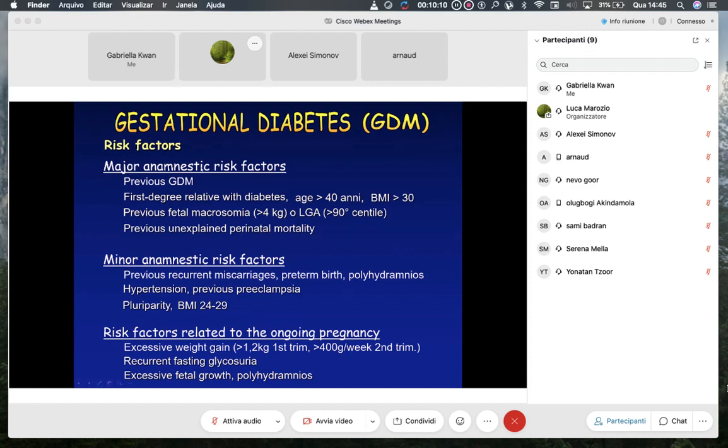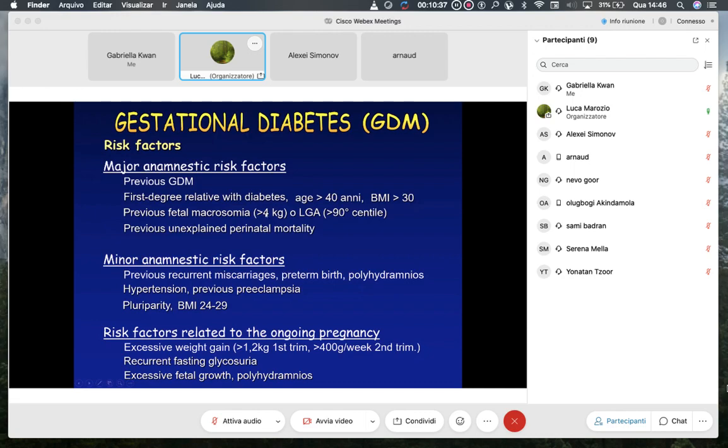Major anamnestic risk factors are previous gestational diabetes in a previous pregnancy, or having one or more first degree relatives with diabetes, age over 40 years, or BMI over 30. Fetal macrosomia in a previous pregnancy.